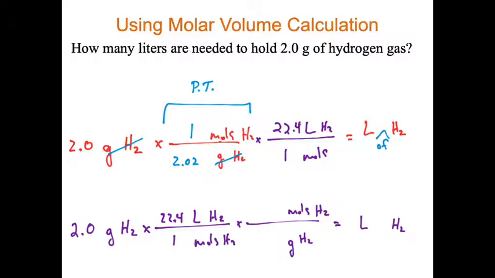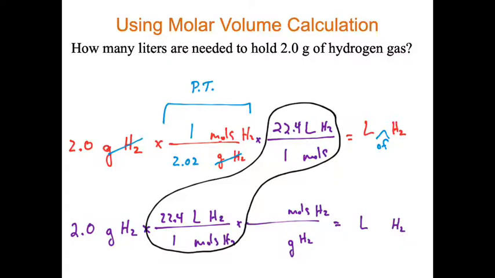Okay. Are either of those correct based off of the question? When is that conversion factor true? For a gas at standard temperature and pressure. Does the question say anything about temperature or pressure?